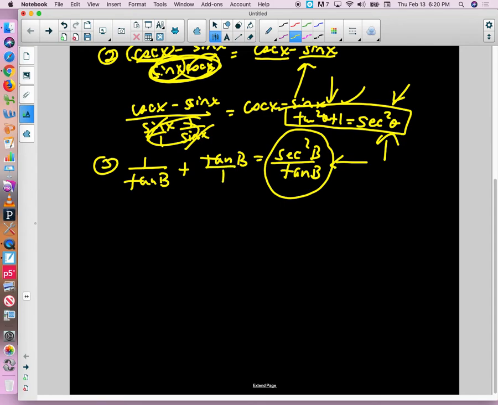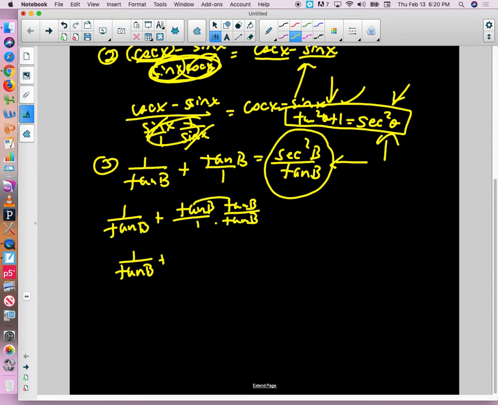I'm trying to add fractions, so I'm going to get a common denominator. So I'm going to multiply, I just copied it down. Now I'm going to multiply the bottom by tangent and the top by tangent to get a common denominator. So the first fraction already had the denominator.